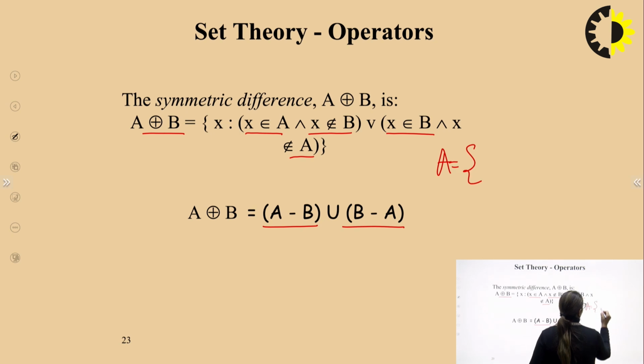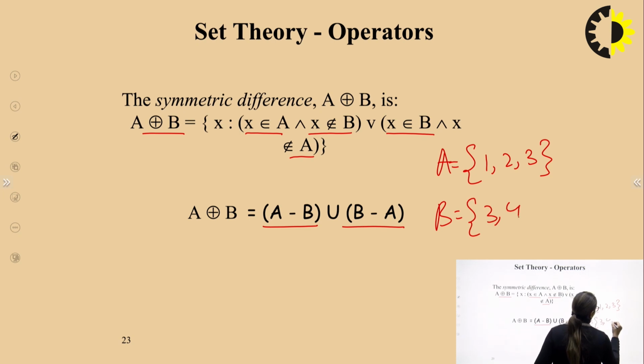If A is equal to {1, 2, 3}, B is equal to {3, 4, 5}, right? Then A symmetric difference B is equal to, first we will take the union and we will not take the common element, right?